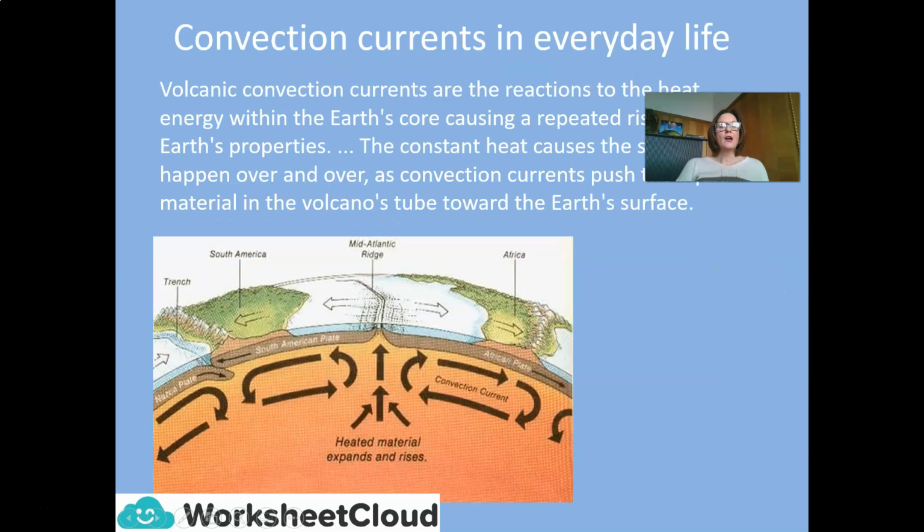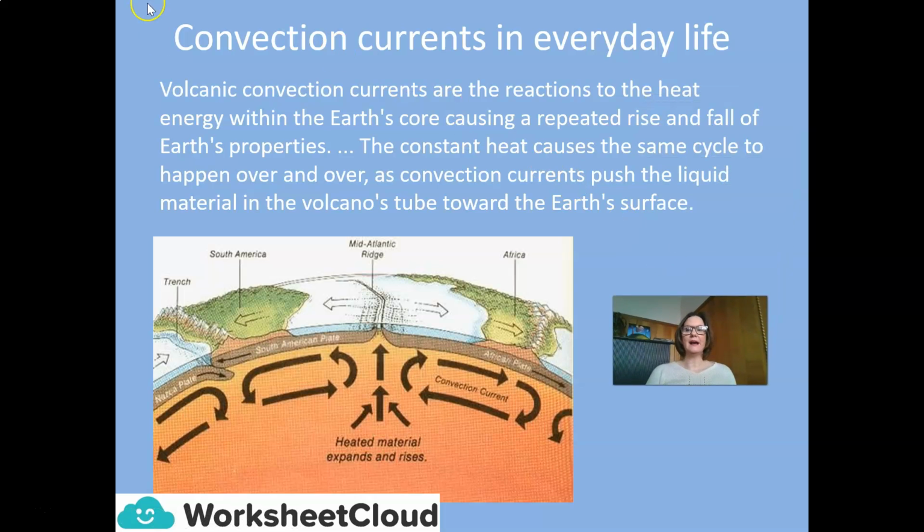Okay, convection currents in everyday life. So volcanic convection currents are the reactions to the heat energy within the Earth's core, causing a repeated rise and fall of the Earth's properties. The constant heat causes the same cycle to happen over and over.